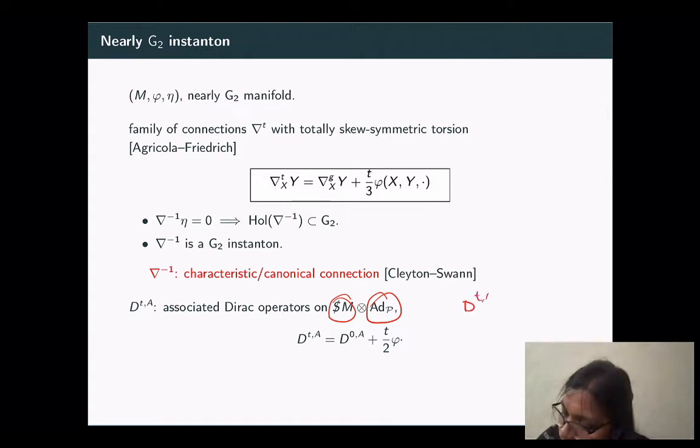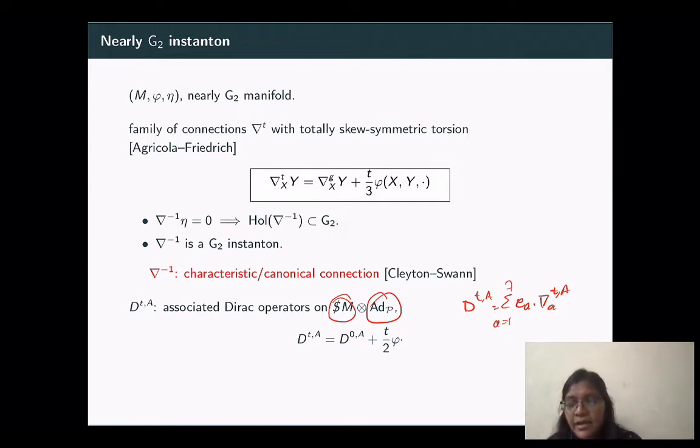So just to recall, the Dirac operator is given by the sum of e_a dot nabla_a. Here I'm assuming that e_a is an orthonormal basis, and if we take this sum, then that is how we can define this family of Dirac operators.